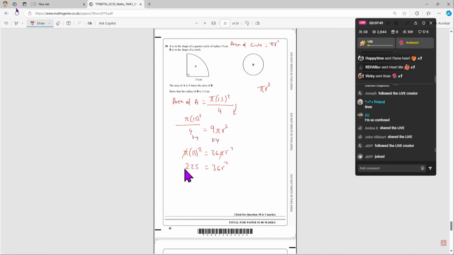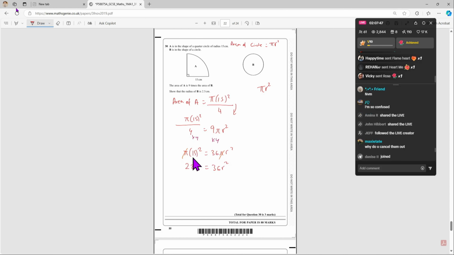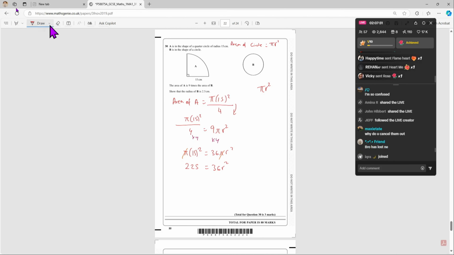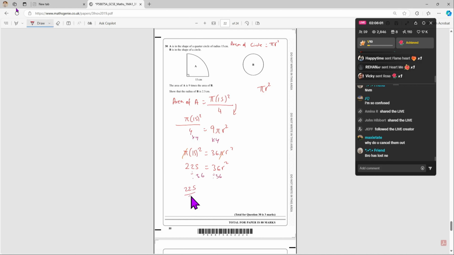That's because 15 squared is 225. And then lastly, you divide by 36 on both sides, which gives 225 over 36 equals r squared.